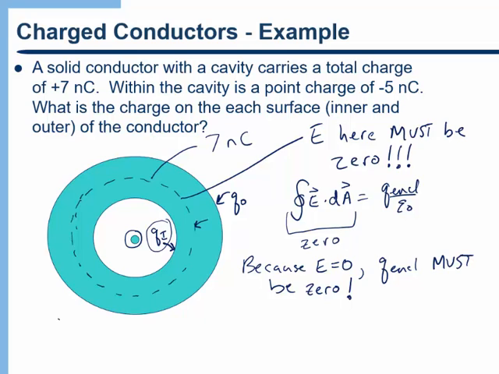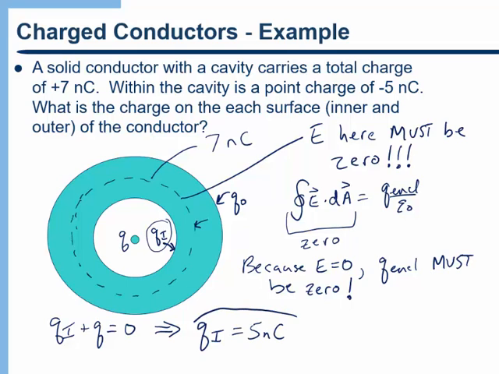So Qi, and I'm just going to call the charge at the center Q, Qi plus Q has to equal 0. Therefore, the charge on the inside surface has to be 5 nanocoulombs because Q is negative 5 nanocoulombs.